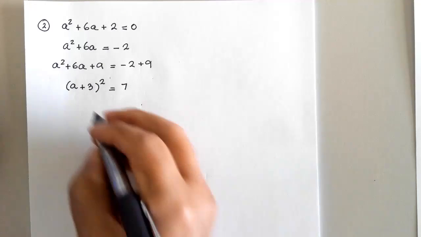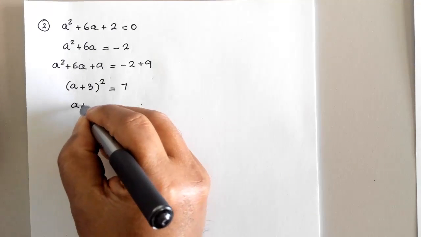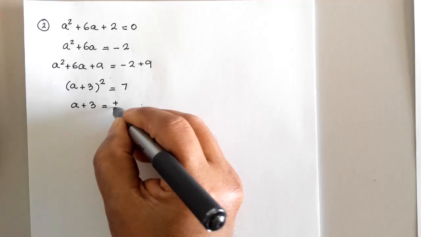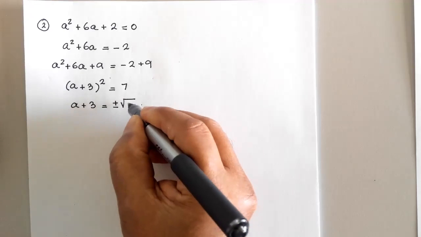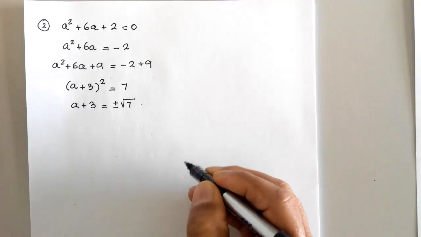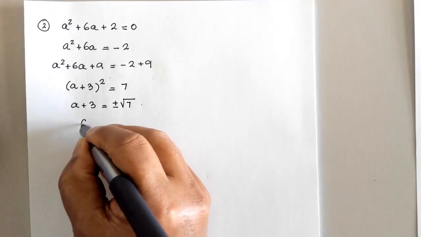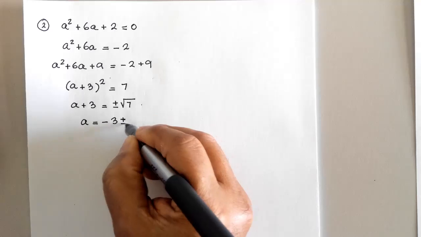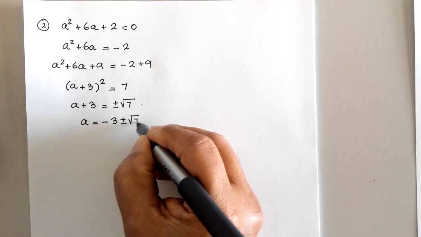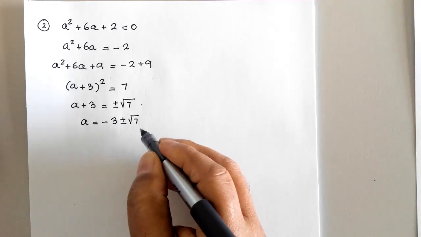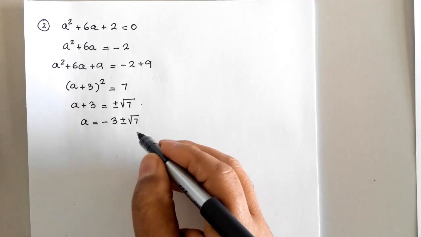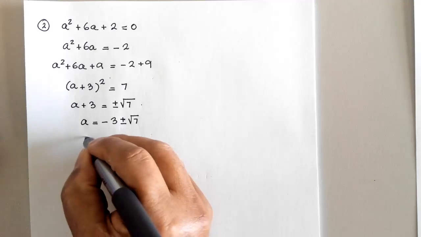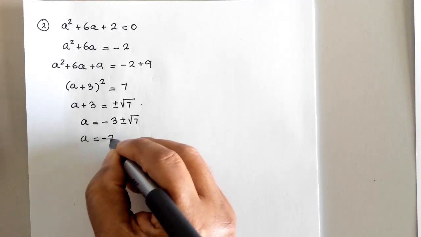Okay, and then we square root both sides, and you've got to remember that you have to do the plus or minus business, and then we're going to have a is equal to negative 3 plus or minus square root of 7. You can leave it like this if the question doesn't require any special format, or you can split it.